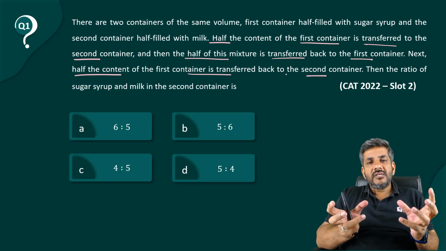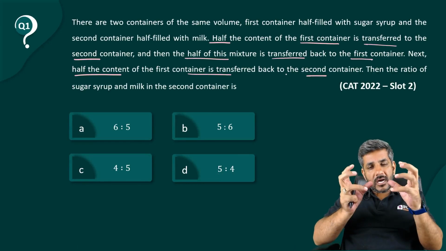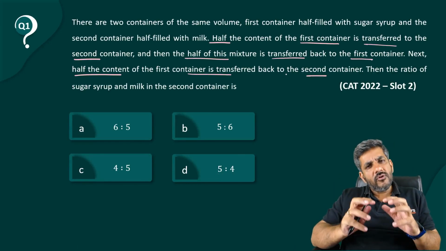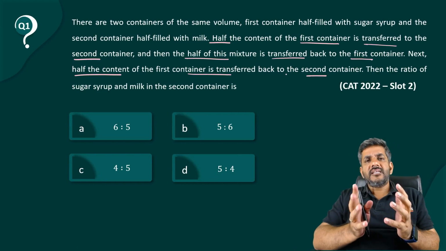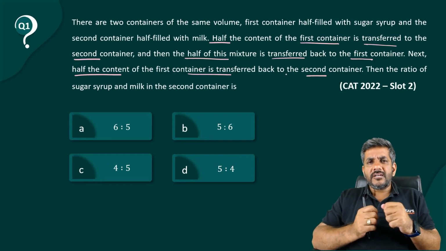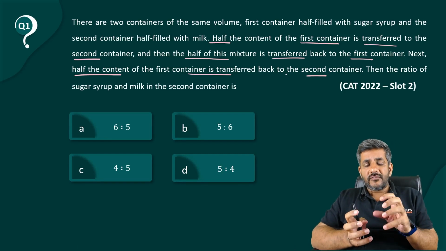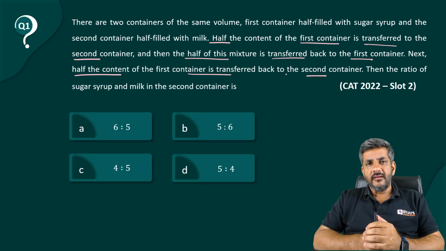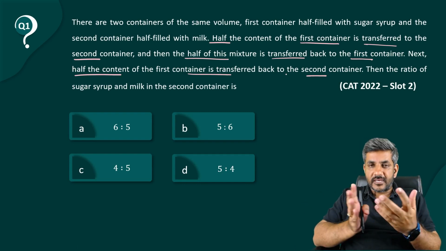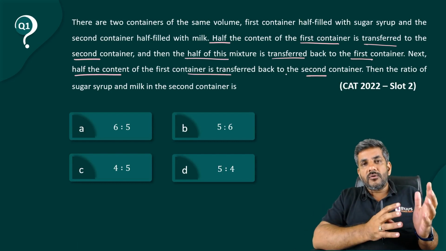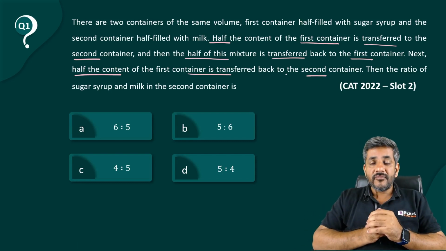So whatever sugar syrup is there initially, the amount of sugar syrup in those two containers together will always be the same. Let us say initially the total sugar syrup was 10. After some processes, I get to know that 4 liters of that is in container 1. I can immediately say 6 is in the second. If 7 liters is in the first, 3 is in the second. So I can immediately answer about the other one if I know about the first one. That makes the job easy for me.